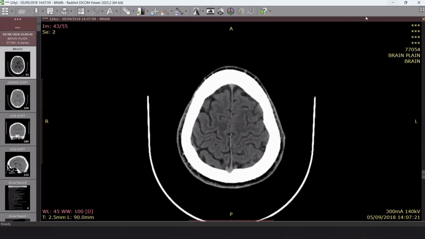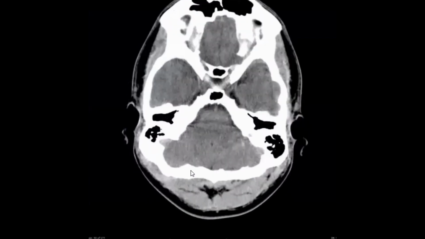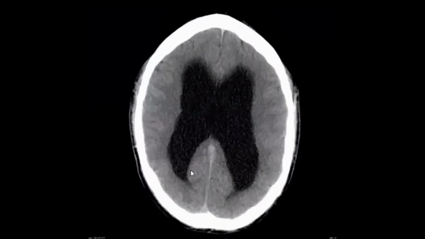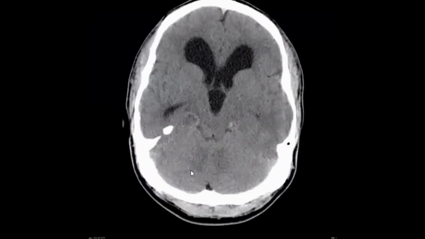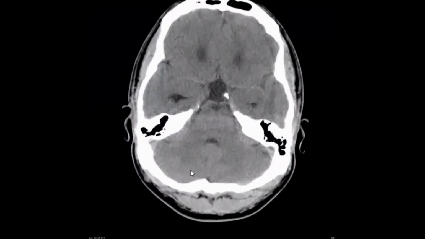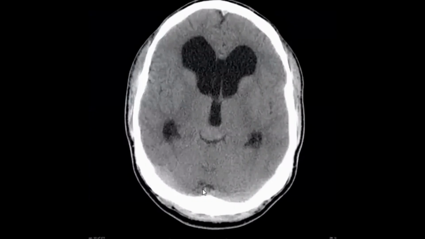I would like to show this non-contrast scan of the brain. As you can see here, there are marked supratentorial hydrocephalic changes. But the most important or most difficult point that you should check is the tectum of the midbrain. Here, the tectum is bulky, and you should take care of this one.